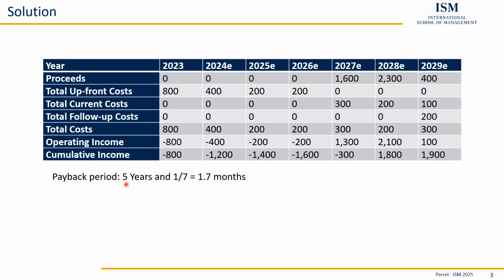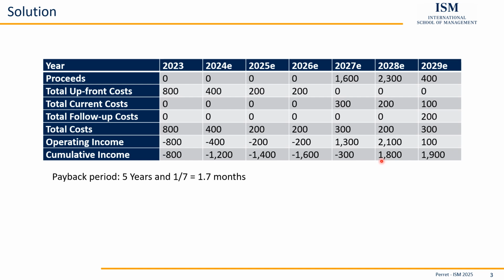So it's at least 5 years and then a little bit more, because I end 27 with minus 300. So I still have some debt at the end of 27. And only by the end of 28 do I have 1,800. So I have to go a little bit into 28.